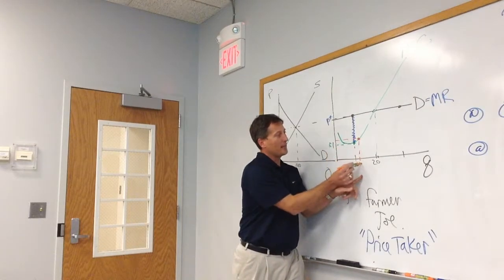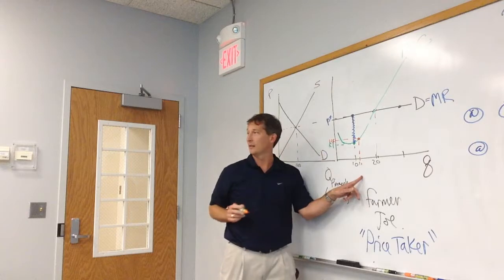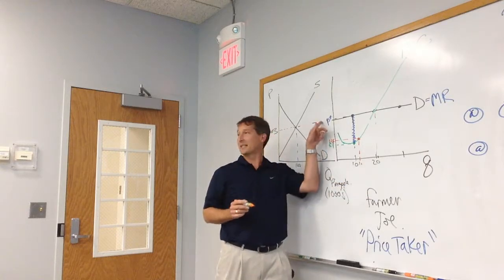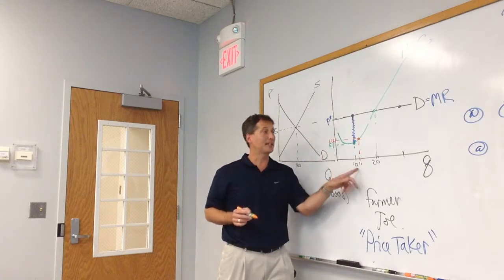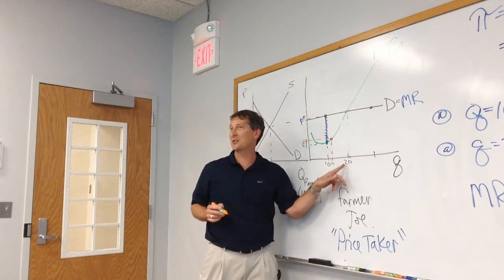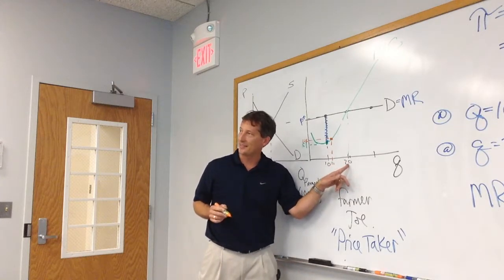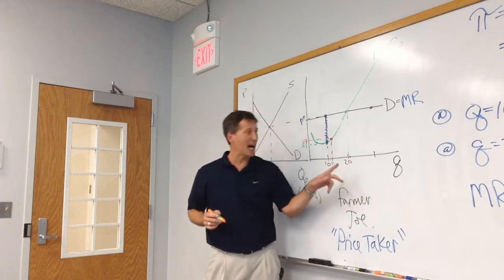So if the 11th, again just making up a number, cost me $1.15, and I was able to sell it for $3, was that a good idea? Yeah. Am I stupid to do the 12th? Am I stupid to do the 13th? In fact, when should I stop?